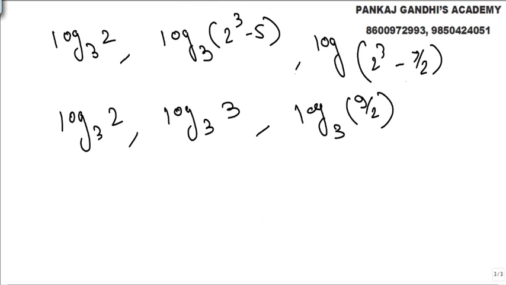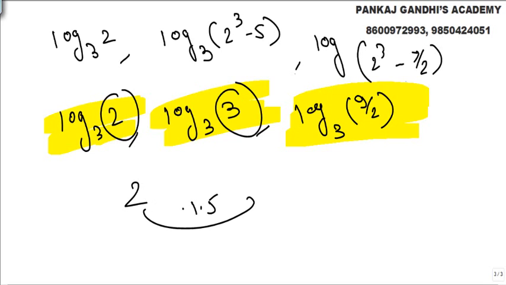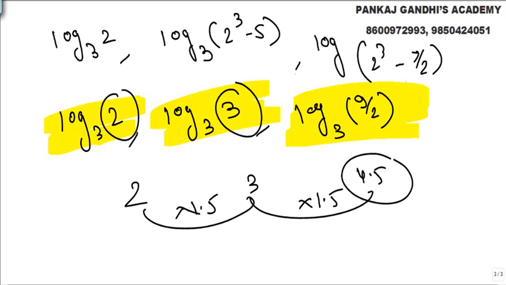These values are in AP: 2, 3 and 9 by 2, into 1.5, 3 into 1.5, 4.5. This is in a GP, and their logs are in AP. The answer came: the answer was 3.